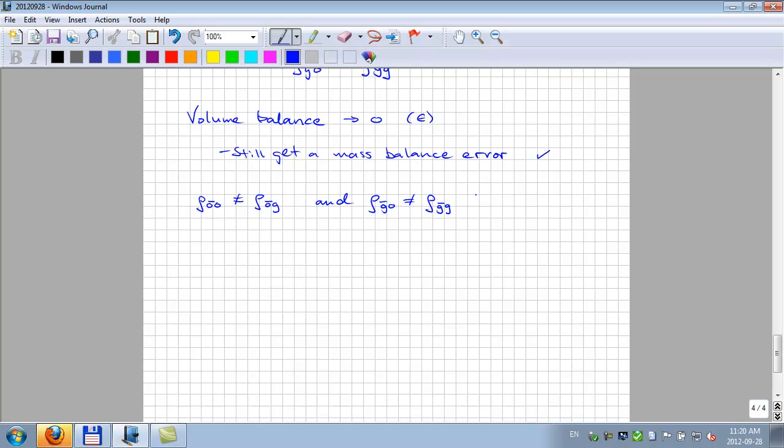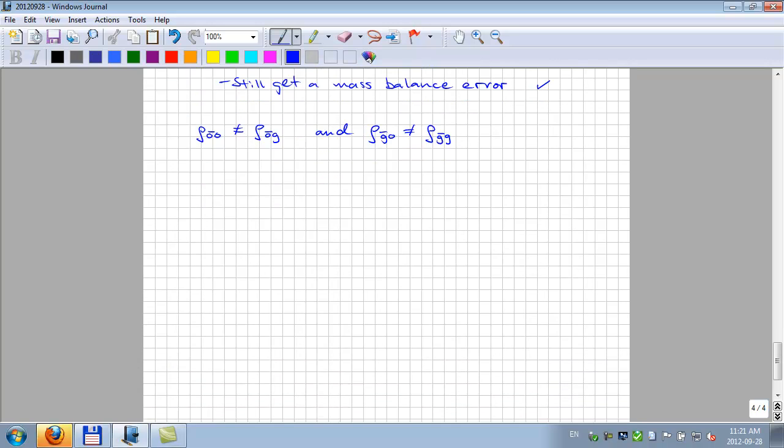This causes a different kind of problem. This affects the calculation accuracy of phase densities.